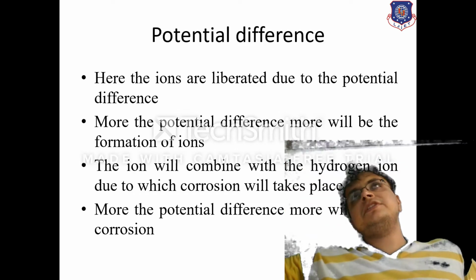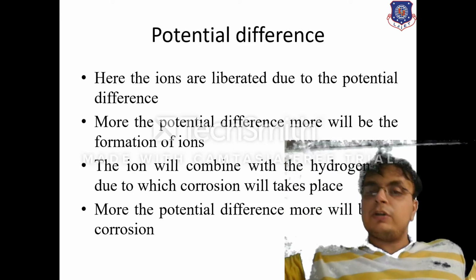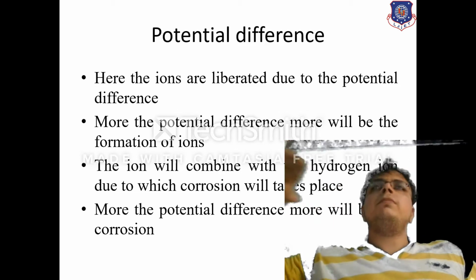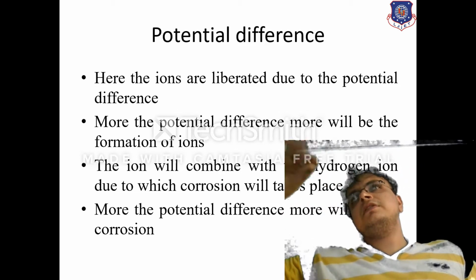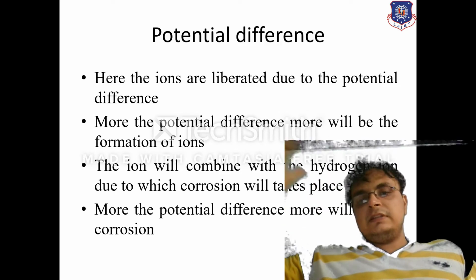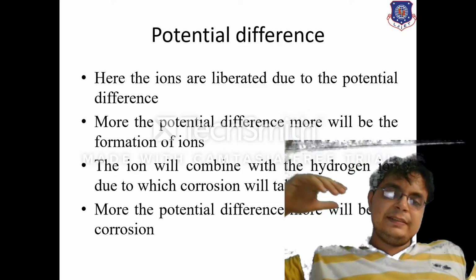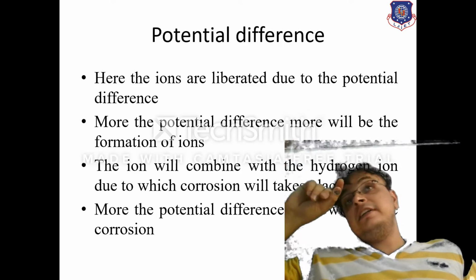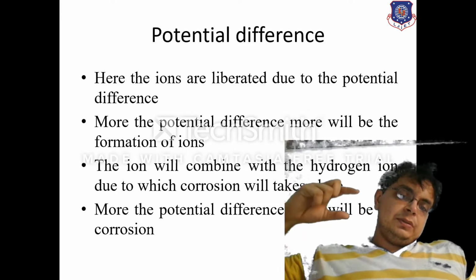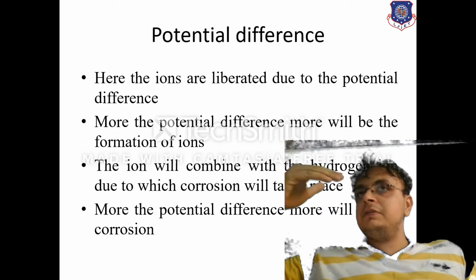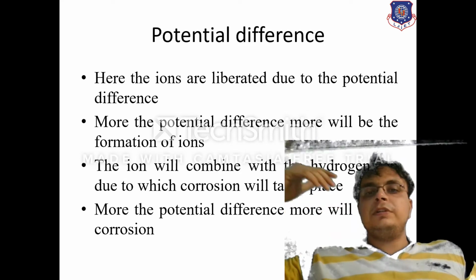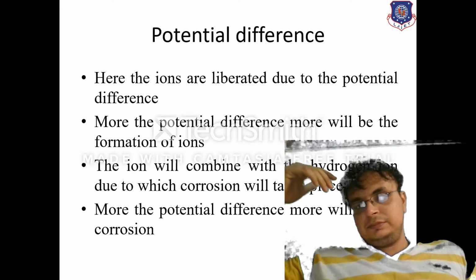The more the potential difference, the more the formation of ions. These ions combine with hydrogen, and ultimately corrosion takes place. So the more the potential difference, the more the formation of ions, and the more the possibility of corrosion.